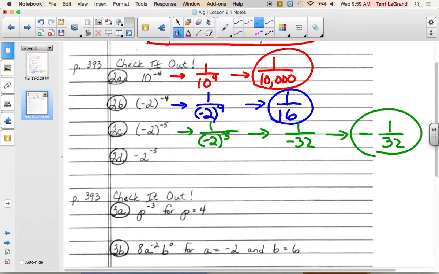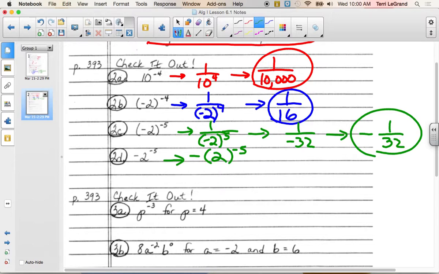Okay. So, how are we going to treat this one when that negative sign is not in the parentheses with the 2? We're just going to treat it like the opposite of 2 to the -5th power. So in other words, this is really a negative sign, and then we have 2 being raised to the -5 power, right?